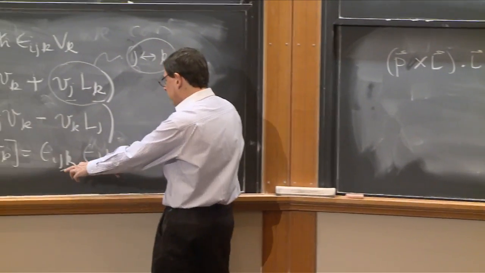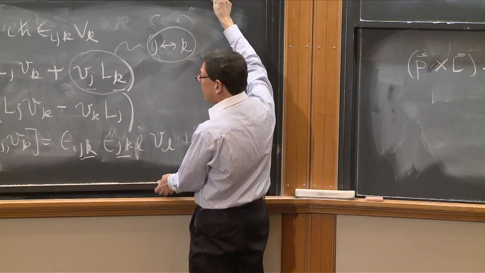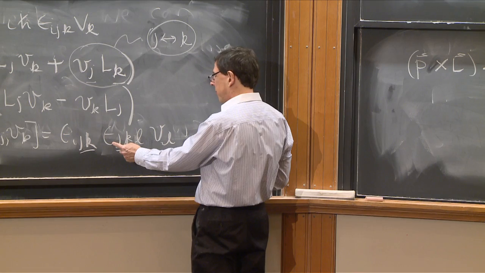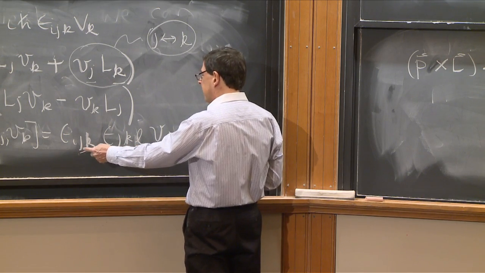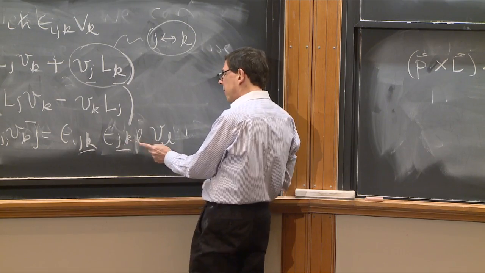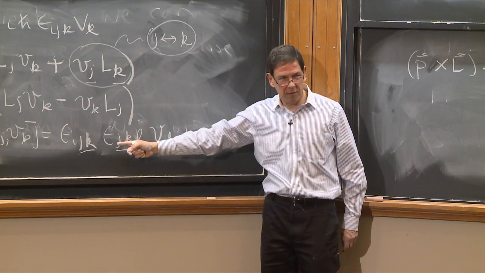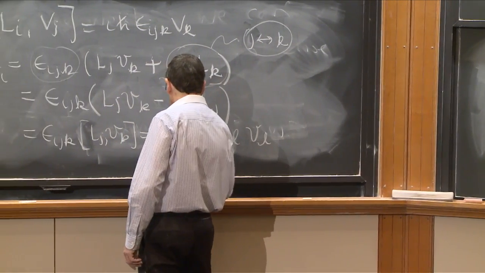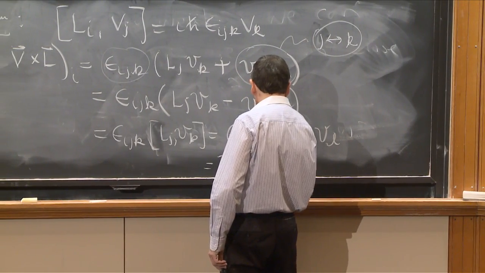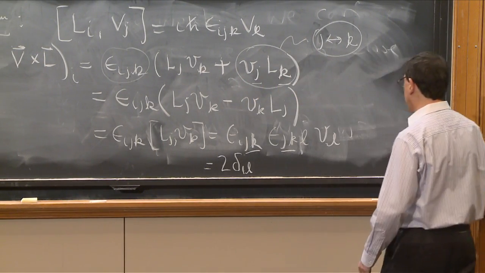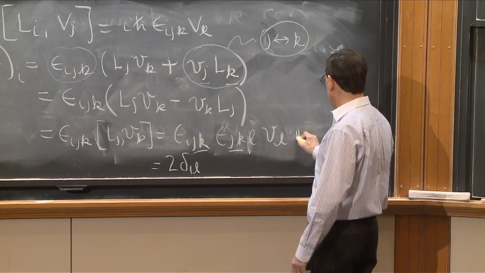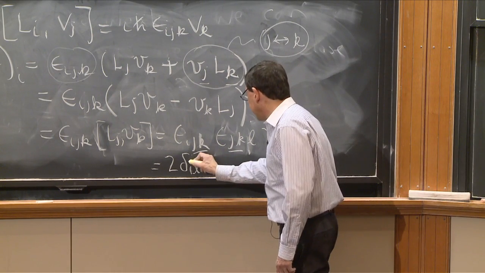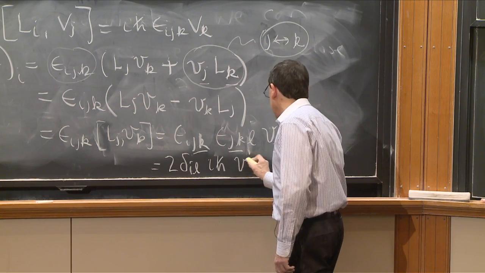Now, it's better if they're all aligned in the same way, but they kind of are, because this L, without paying a price, can be put as the first index. So you have jk as the second and third, and jk as the second and third, once L has been moved to the first position. So this thing is 2 times delta IL, and there's an i h bar, 2 delta IK, i h bar, IL, i h bar, VL.